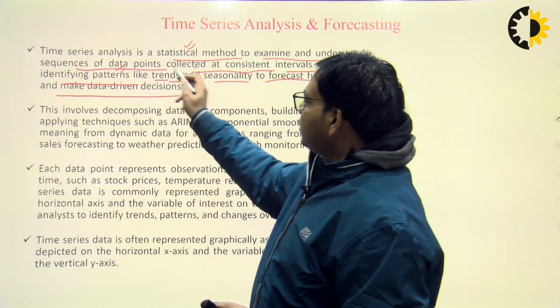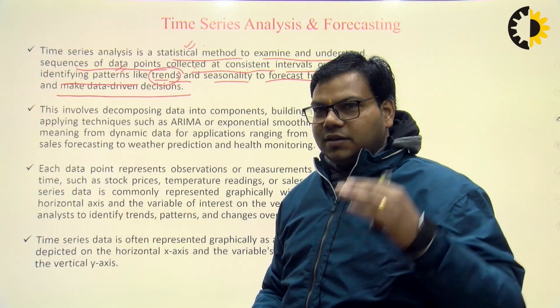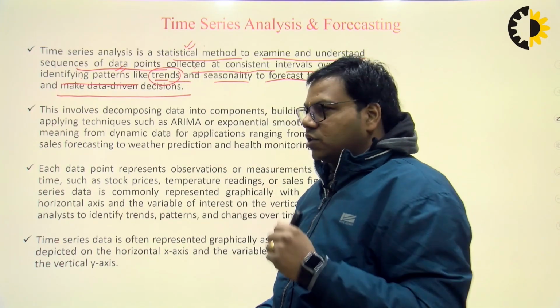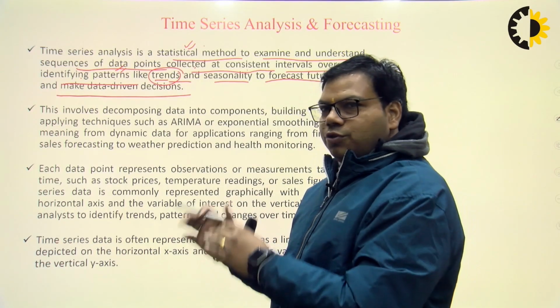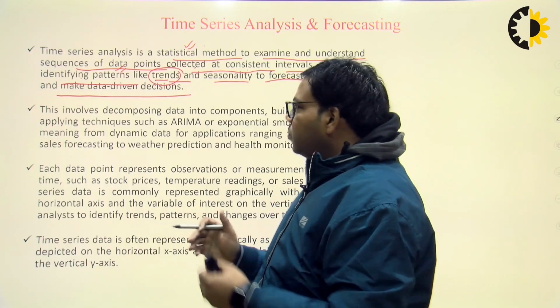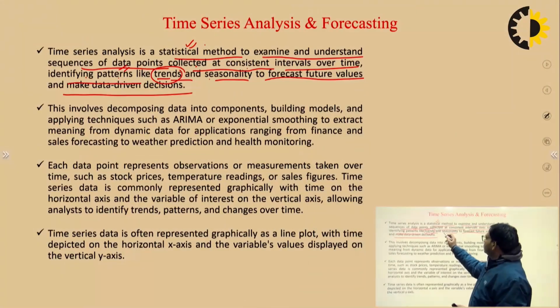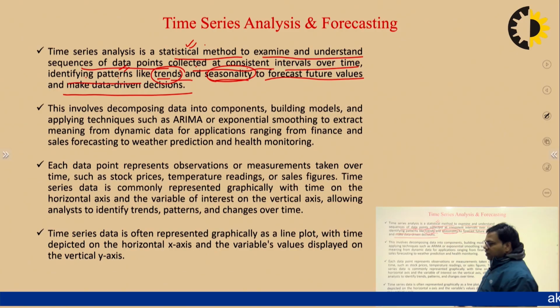So it tells us a trend. The trend is toward the temperature going down, which leads towards the winters. We are proceeding towards the winters, which shows us the seasonality, to forecast the future values.